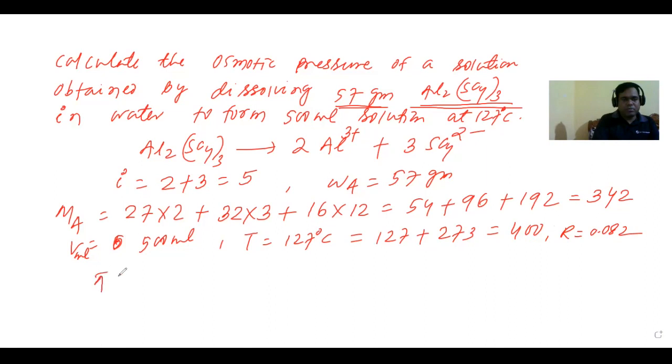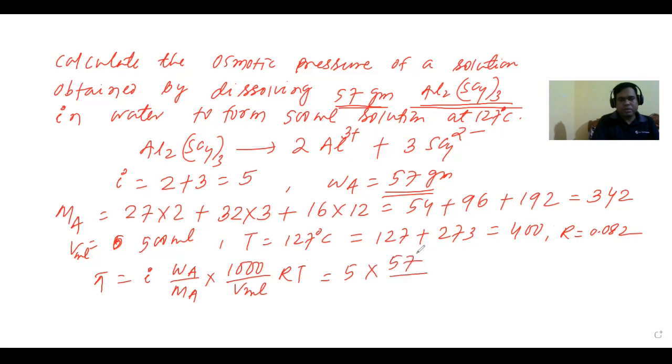So pi equal to i into WA by MA into 1000 by V in ml into RT. i factor equal to 5, into WA, for WA it is 57.